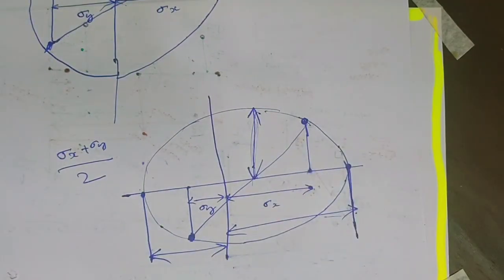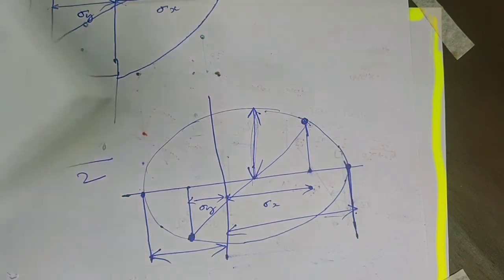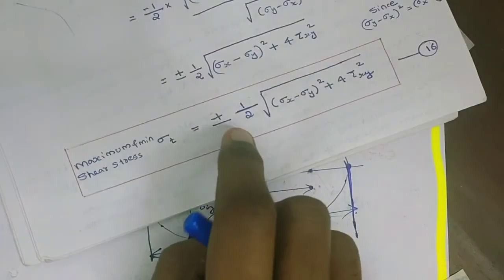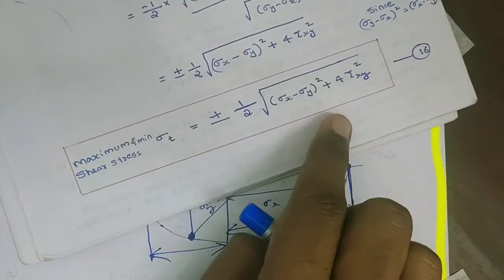So we already developed an equation for finding the maximum shear stress, this is the maximum shear stress value. So this will be the radius of the Mohr circle.